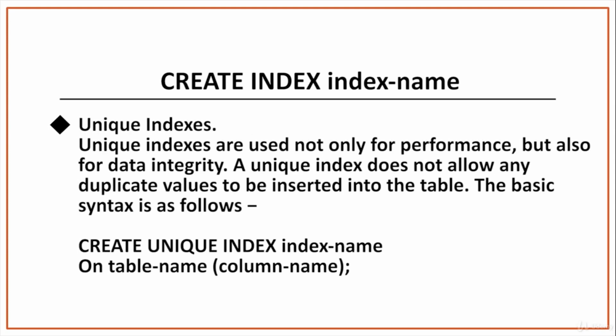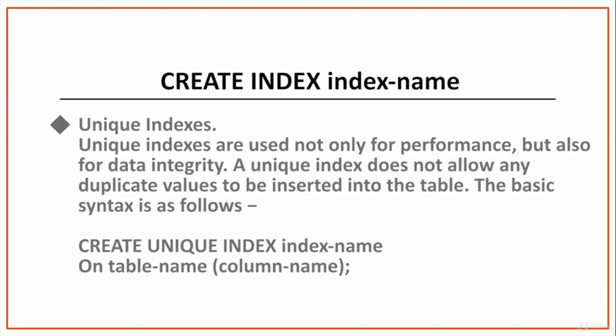Unique indexes are used not only for performance, but also for data integrity. A unique index does not allow any duplicate values to be inserted into the table. The basic syntax is as follows: CREATE UNIQUE INDEX index_name ON table_name (column_name).